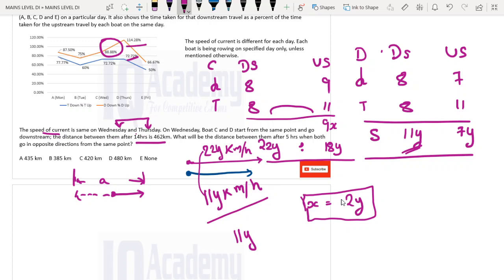So C will be 11y km ahead of D. In 14 hours it is 11y into 14, equal to 462 km. So from this we can find the value of y.